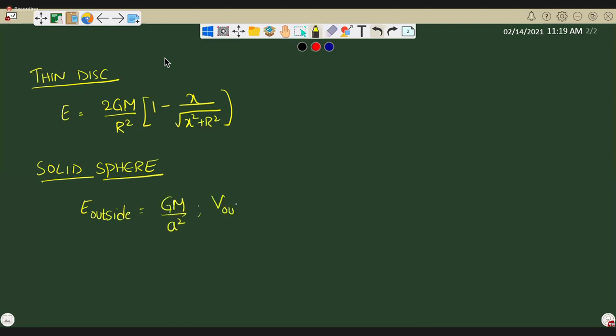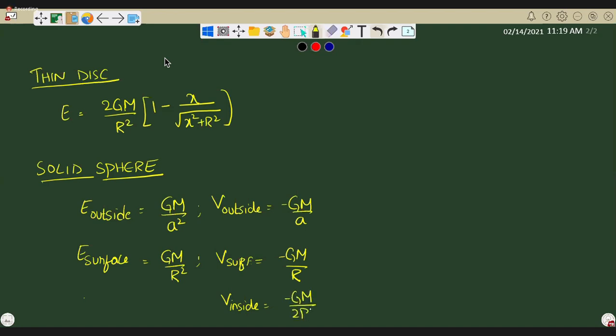What happens to your potential outside? On the surface, V is minus GM by R. Now first you tell me V inside: minus GM by 2R cube into 3R square minus X square.